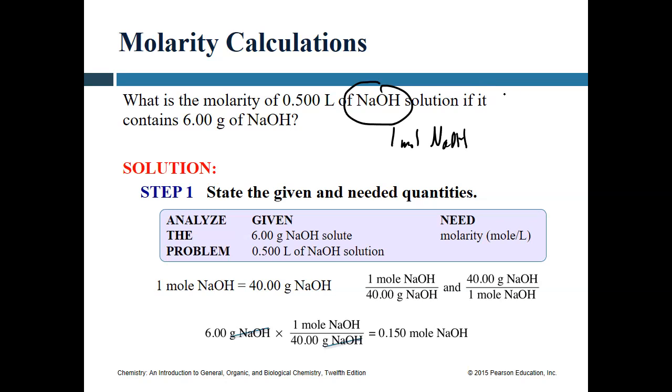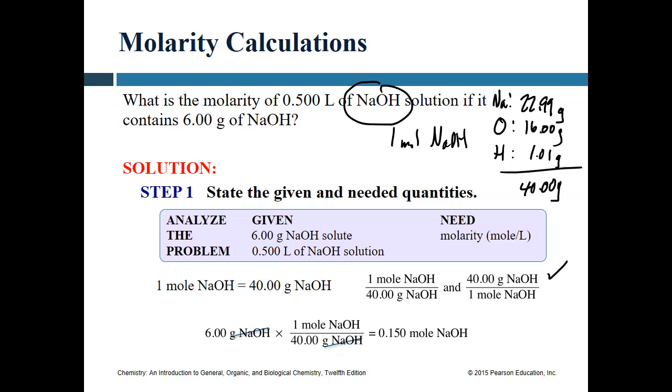If I did that, I would say, okay, well, the sodium is 22.99. The oxygen is 16.00. The hydrogen is 1.01. And if I add those all together, that's where we get this 40 grams that they're talking about.